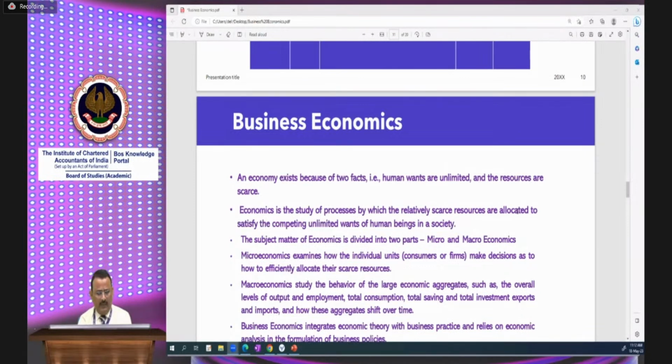Try to correlate the concepts with what is happening around in the economy, because that is very important in economics.